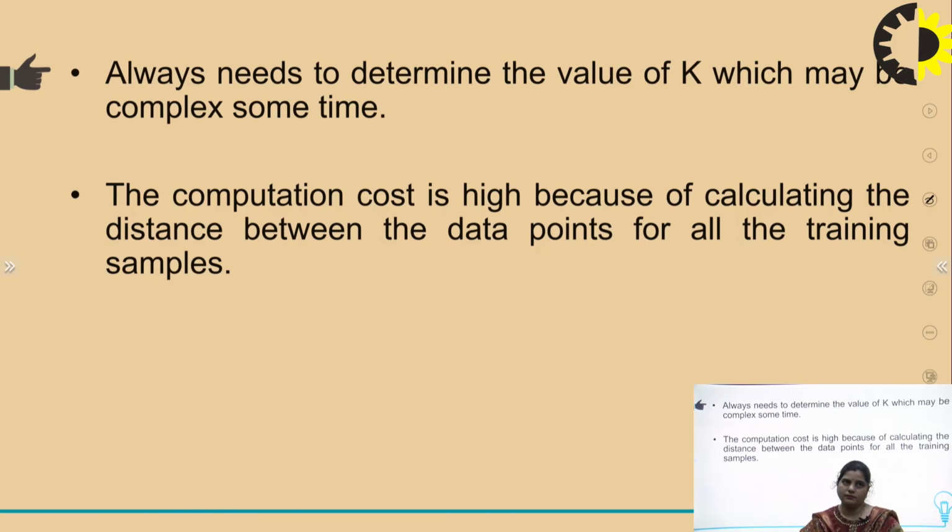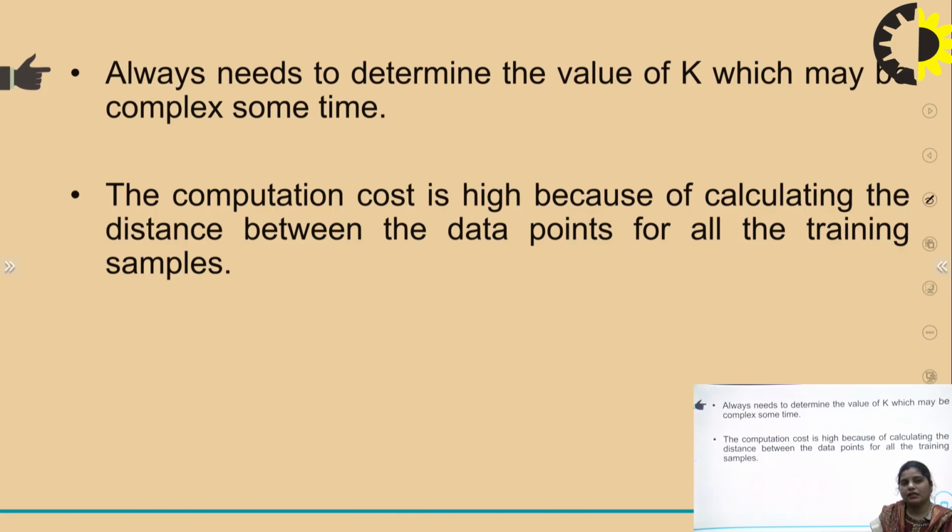If you are dealing with the KNN algorithm, the first step is to identify the value of k, which may increase the complexity. Also, the computation cost of this algorithm is high because of calculating the Euclidean distance between all the data points for all the training samples.